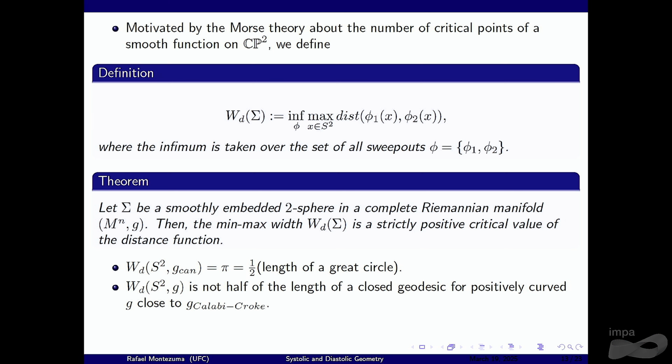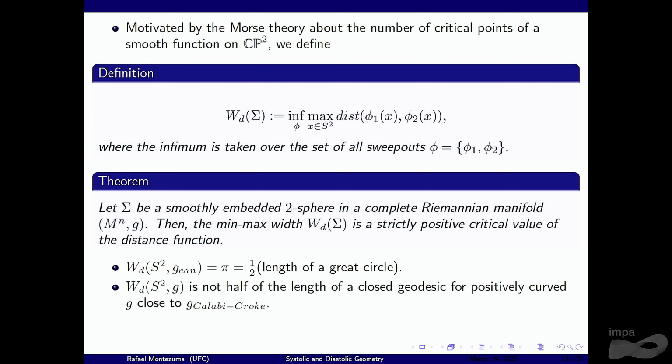But the same thing doesn't happen, for example, if you consider positively curved spheres near the Calabi-Croke example, when you glue together two triangles. I'll try to show this after we have some other results, which make this example simpler to explain.